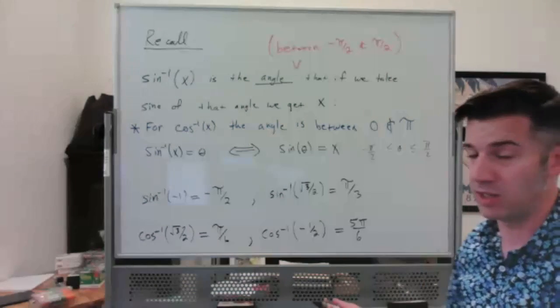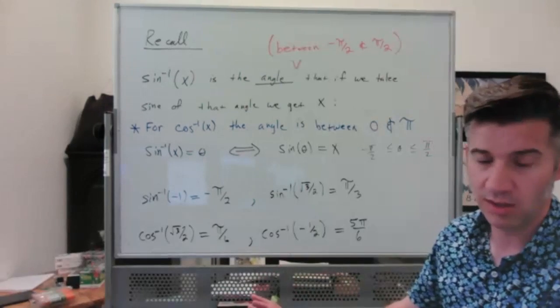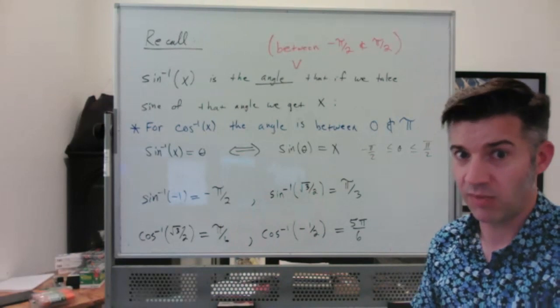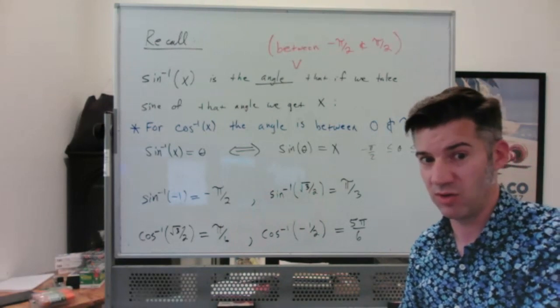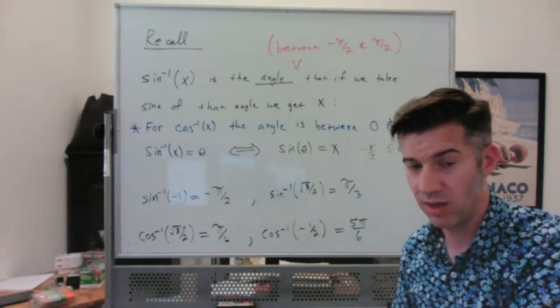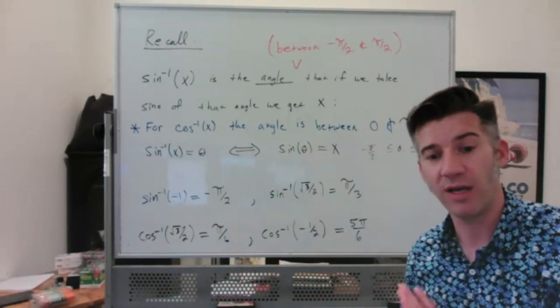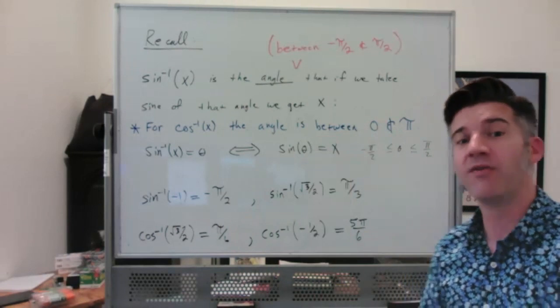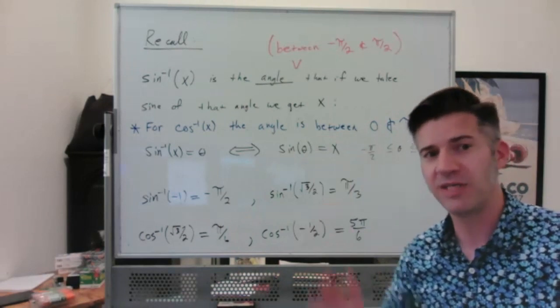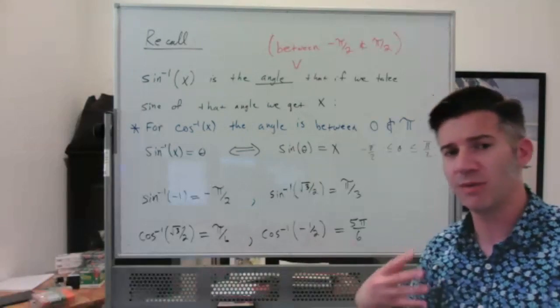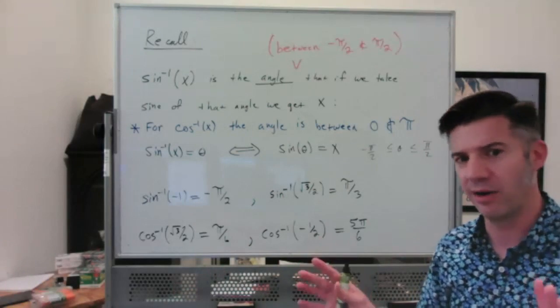But some people say the range of inverse secant is essentially 0 to pi. Other people think the range should be 0 to pi over 2 and then pi to 3 pi over 2. And there's a really good calculus reason for that, and I think it's more worth talking about when we get to calculus. So if you see inverse cosecant or inverse secant later on in life, come talk to me about it. It's an interesting topic. It's kind of weird, but it's neat.